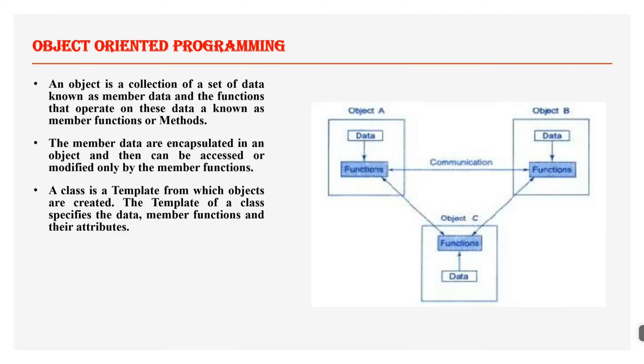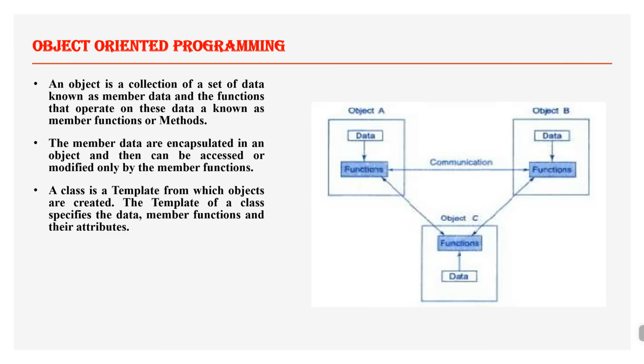An object is a collection of a set of data known as member data and the functions that operate on these data known as member functions or methods. The sentence is very important, which explains the nature of the object.